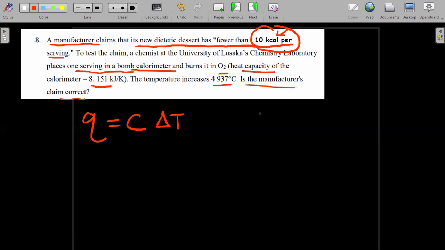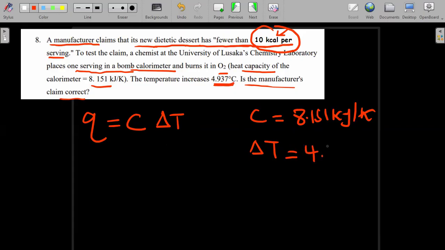Our heat capacity here has been given as 8.151 kilojoules per Kelvin. What about the change in temperature? They're saying the temperature increases by this, meaning this same thing here is the change in temperature: 4.937 degrees Celsius.